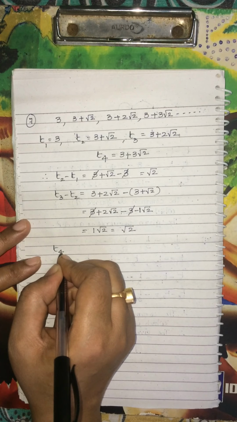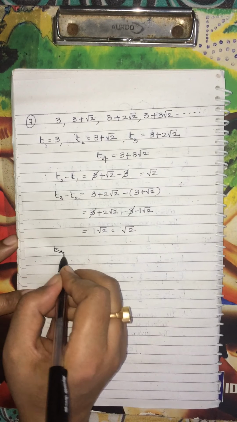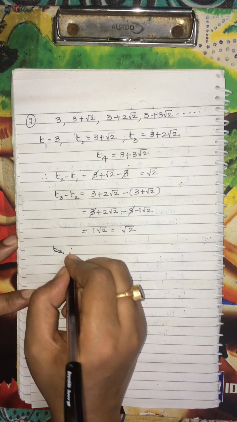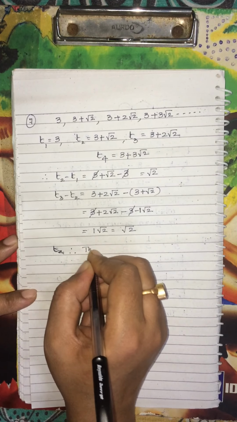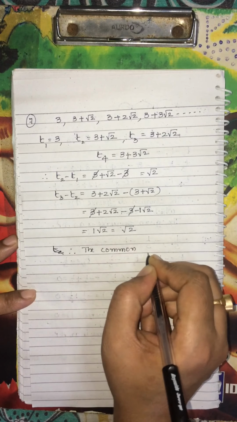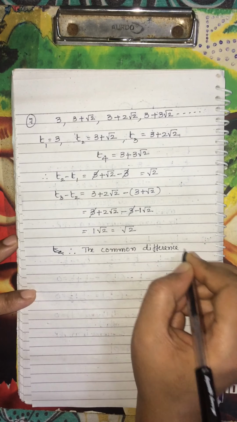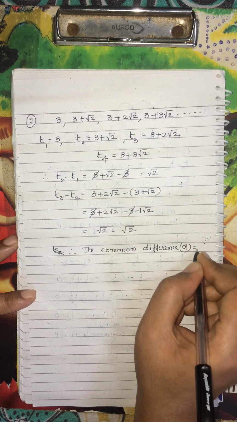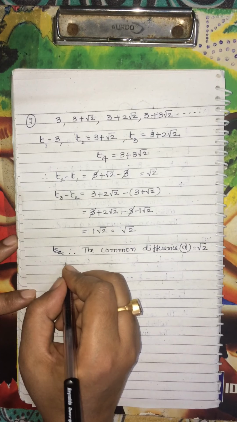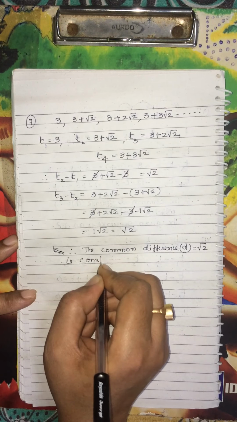Similar manner we have already done. Therefore, if you see, the common difference is constant over here, children. D is constant, so we will write D is equal to root 2, which is constant.